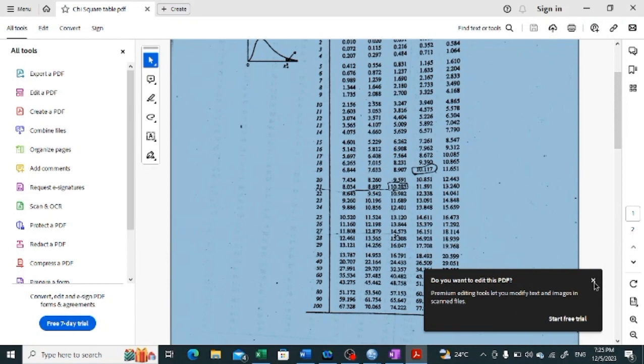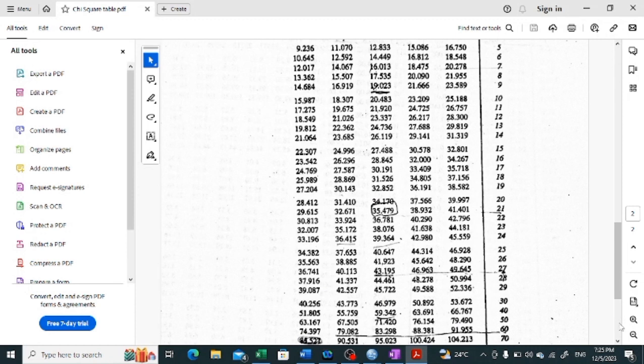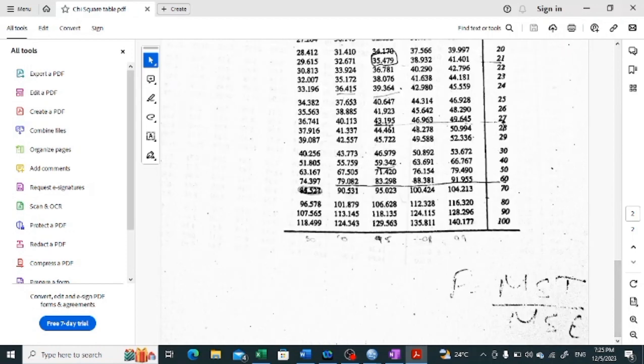So that's 74.222. And if you go to the next page, again the very last row, we will choose 129.563.